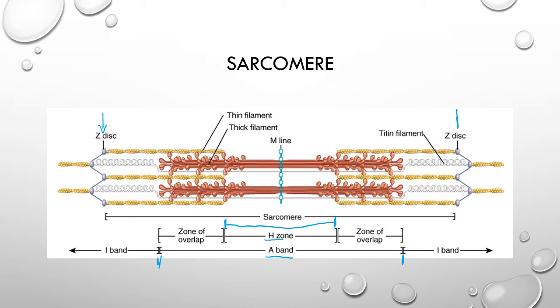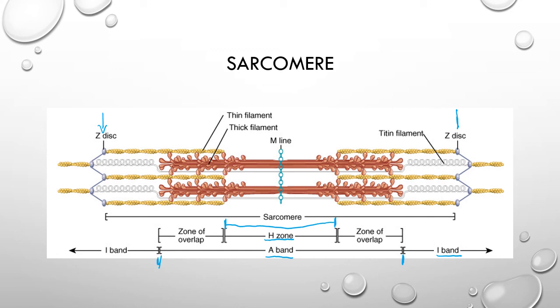The H zone is the area where essentially we have only thick filaments. And depending upon whether the muscle is contracted or relaxed, the amount and space of that H zone is going to change. It's also going to change for the I band. The I band is kind of the counterpart to the H zone.